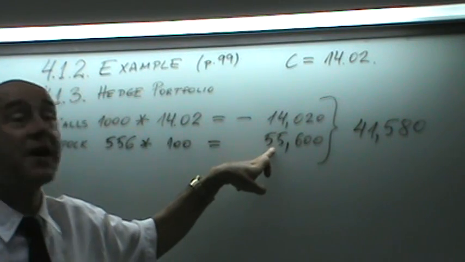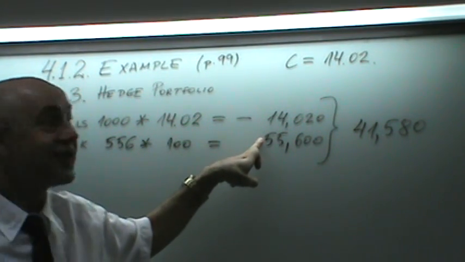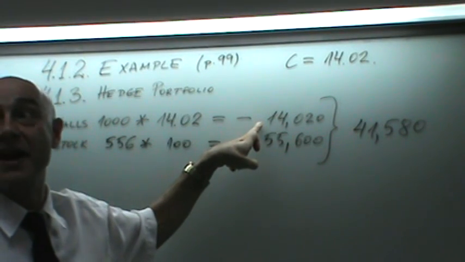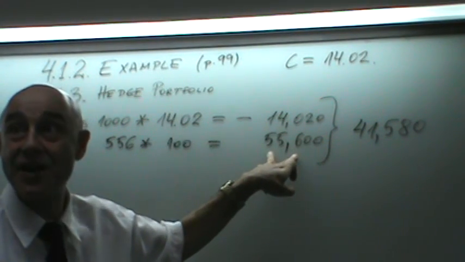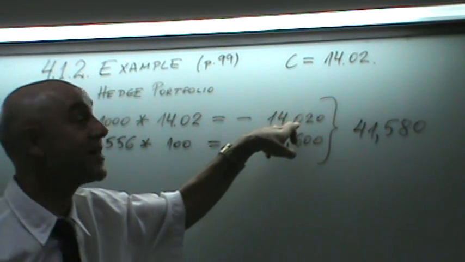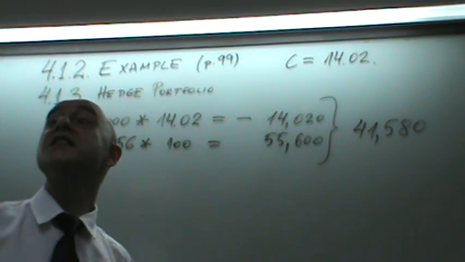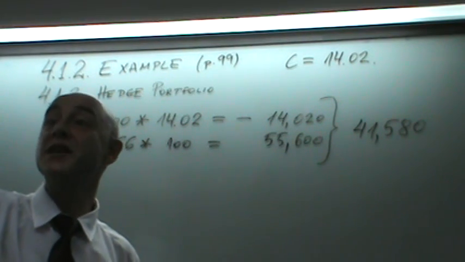We're going to be spending almost a quarter of the money on protective calls. So on 55,000, we're spending 14. That's 20% of the money we're going to spend on protective calls because of the extremely high volatility.